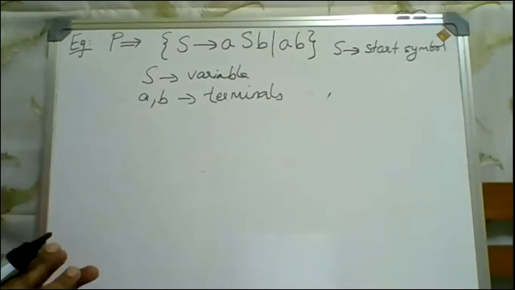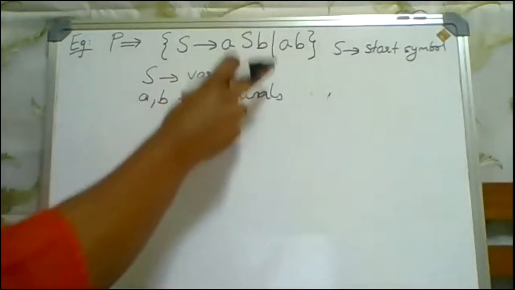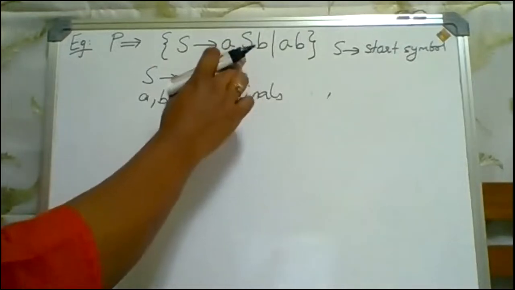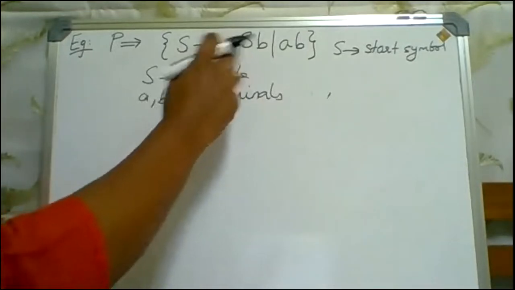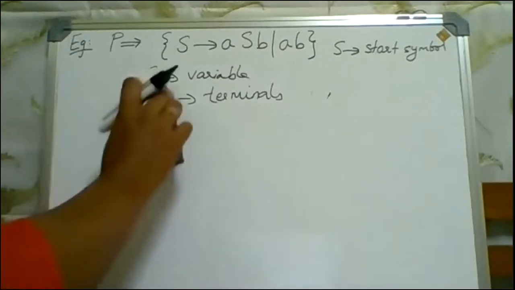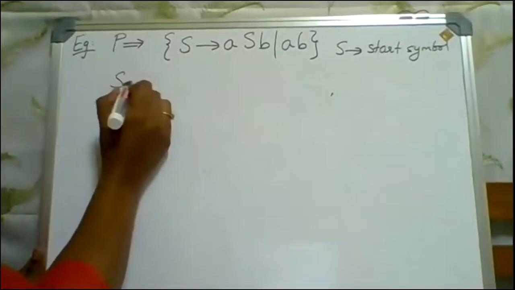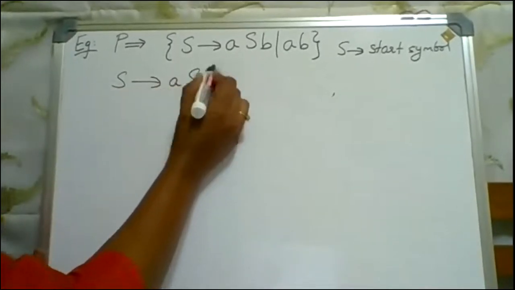To generate the language from a given grammar, we should start from the start symbol and start deriving by replacing the variable by any of the productions. So, let us start with S derives ASB.